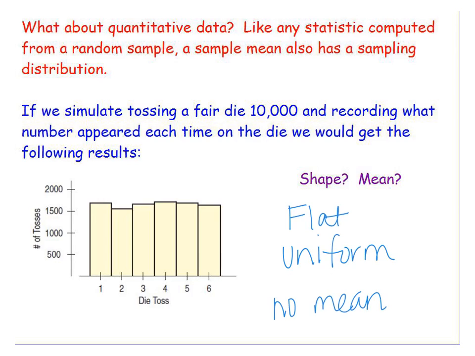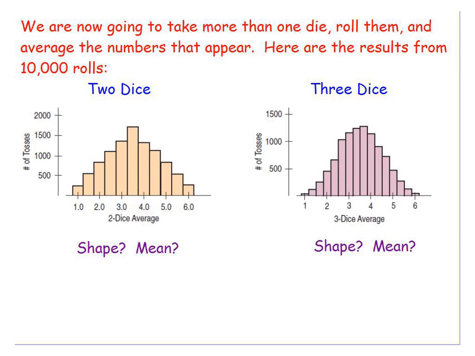Now we're going to step it up a little bit. We're now going to look at more than just one die. So now we're going to take 2 dice and we're going to roll them and we're going to average the numbers that we see. So here are now the results from 10,000 rolls for 2 dice. Notice this graph is no longer flat.